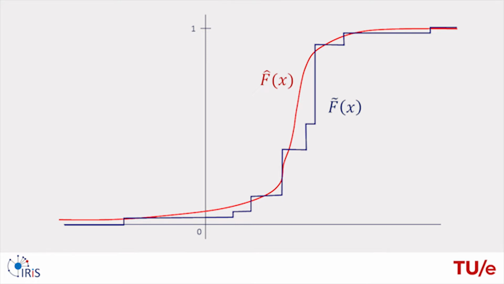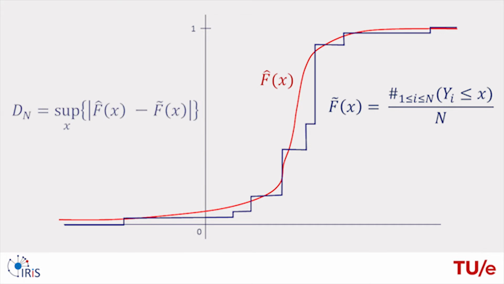We can then define F tilde as the approximation of this function at any x by simply counting the relative number of outcomes that are below a certain value. And the Kolmogorov-Smirnov test is then based on computing the maximum difference between these two functions.